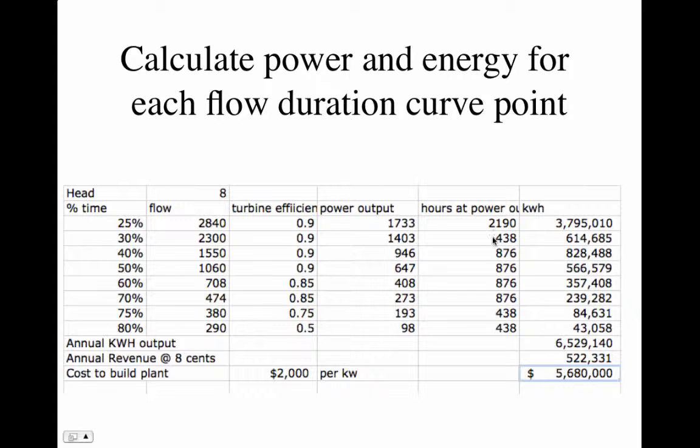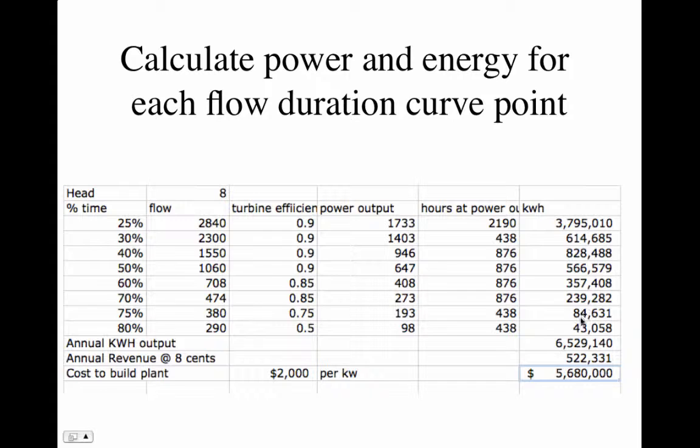So I just take 5% of 8,760 hours, and I throw that in there, and I get my kilowatt hours. Okay. Now the next one, it's going to run at 1,500 kilowatts, and how many hours can it run at 1,500 kilowatts? Well, the difference between 30 and 40%, which is 10% of 8,760 hours, is 876 hours. And that's the number of kilowatt hours I'd get there.